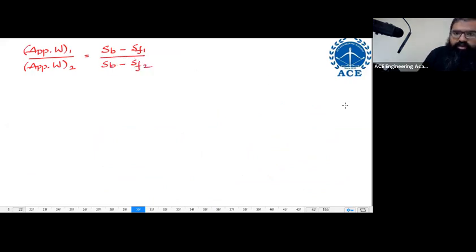This was the equation we have seen previously. Let us now write one more formula that is created, and that is the ratio of apparent weight to actual weight.